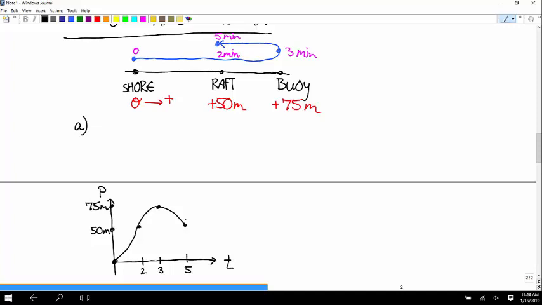Yes? Yeah, so what we're given is that it takes 2 minutes to get to here, and then another minute to get to here. So those times are just adding on.